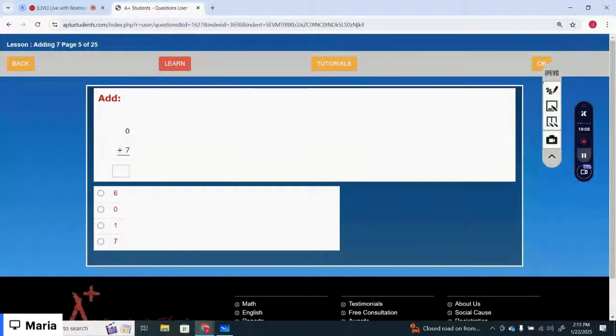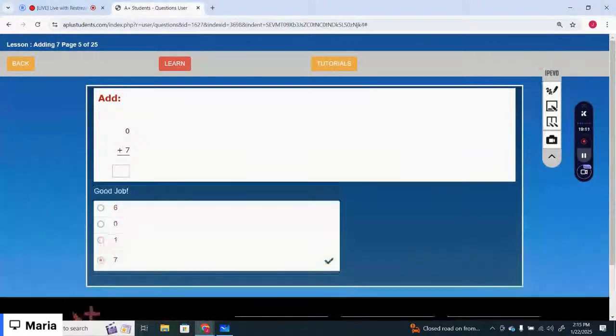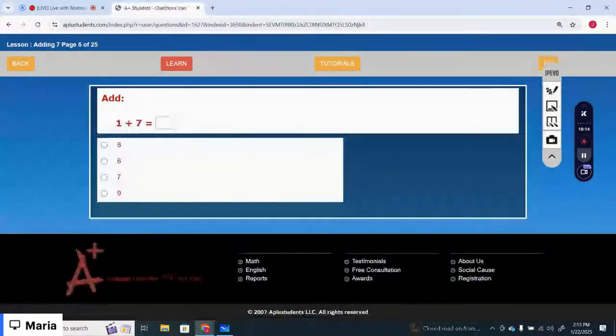The correct option is 7. 7 plus 1 equals 8.